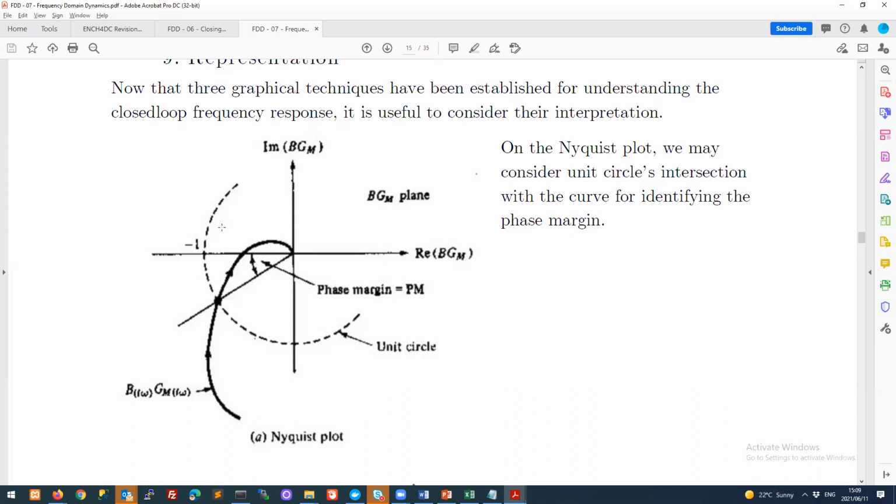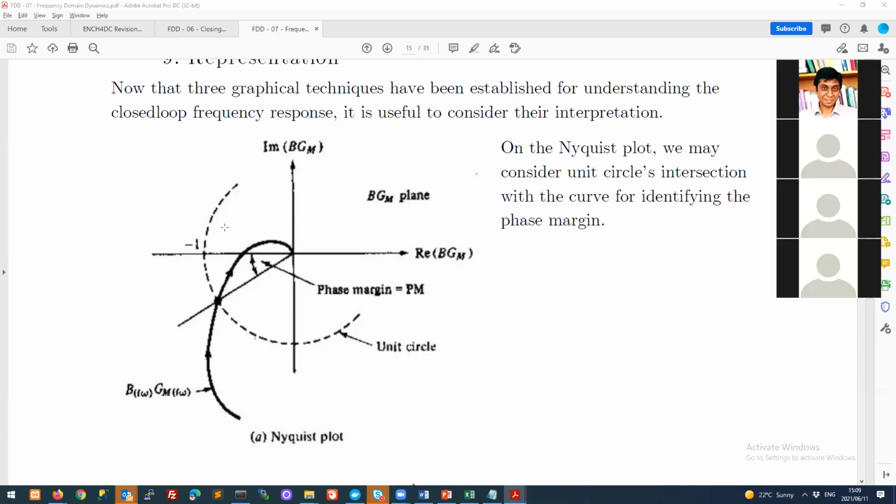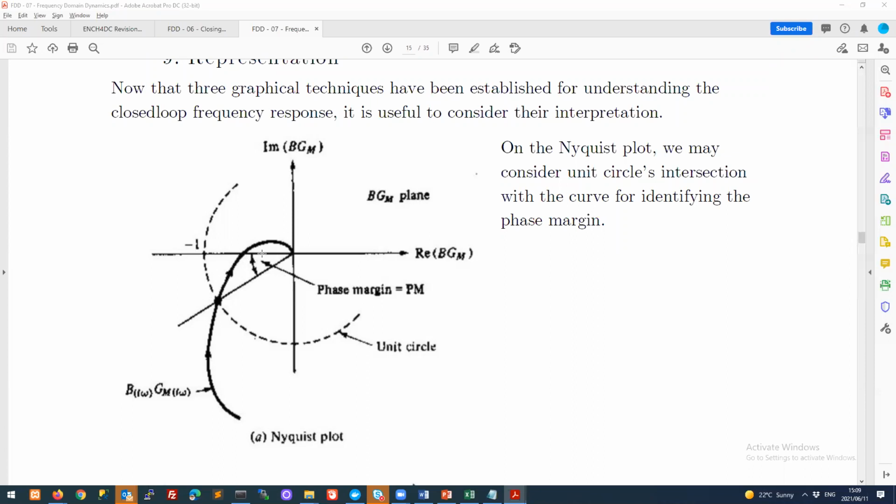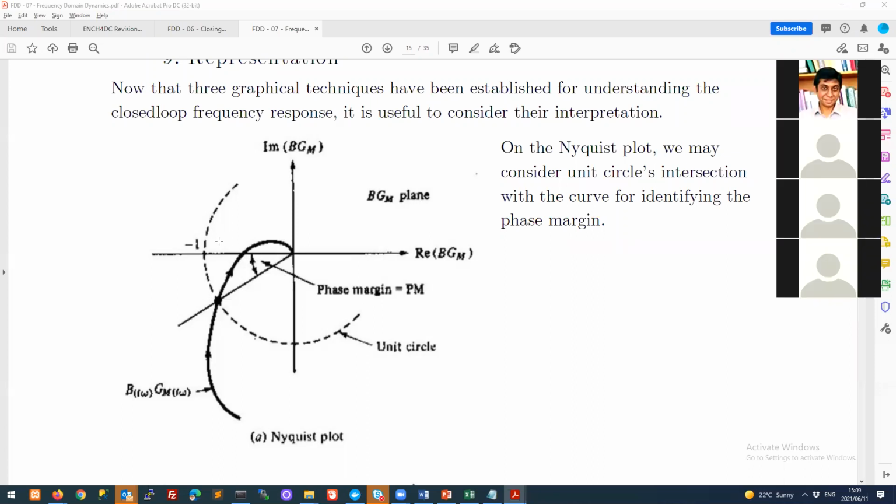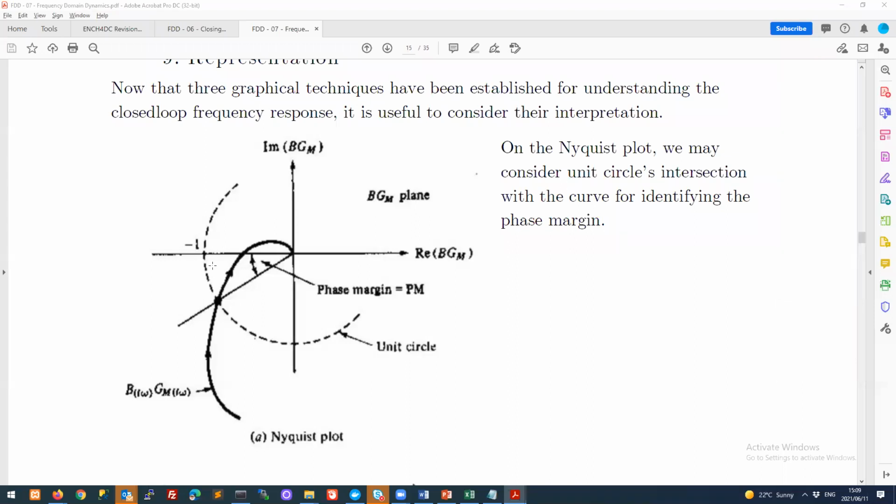So we know that if we encircle -1, 0, then it means we have an unstable system, right? If we encircle -1, 0, that means we have a pole in the right-hand plane, and that means the system will be unstable. So gain and phase margin is all about trying to figure out how close we come to this critical point -1, 0.